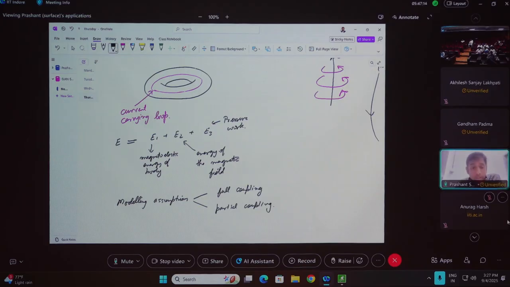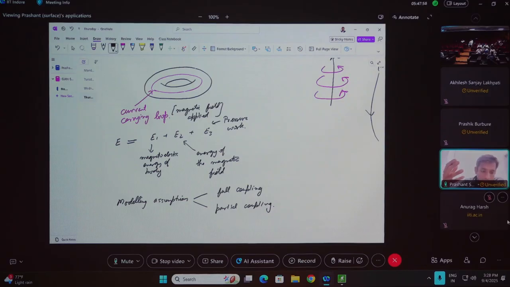Okay, so the full coupling is when basically, whatever magnetic field that you apply, if there is a magnetic field everywhere in the space now because of this current carrying loop, then the presence of this body, this magnetoelastic body, will create a lot of disturbance in the magnetic field that is applied there.